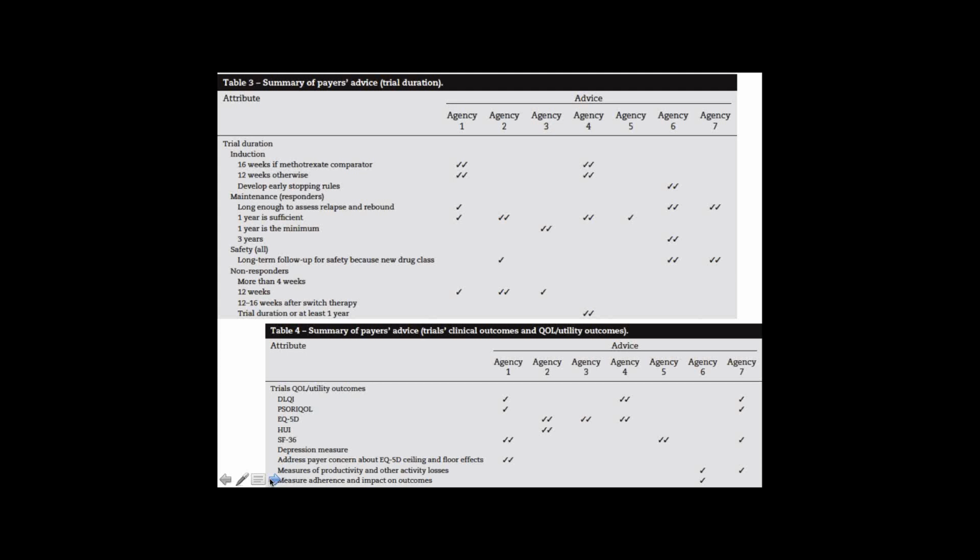This pilot project demonstrated that a feasible process of early dialogue could be established through this face-to-face meeting with the HTA assessors, and the conclusion was that this process can be worthwhile for all parties and can lead to a common understanding about the evidence development needed for market access.